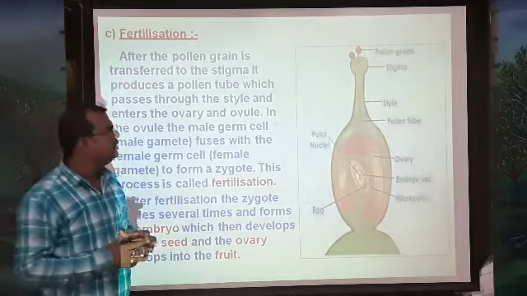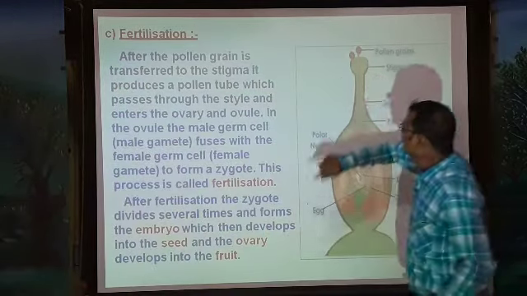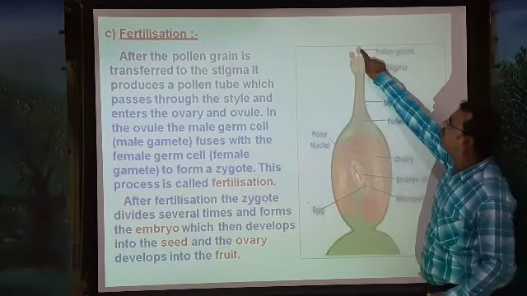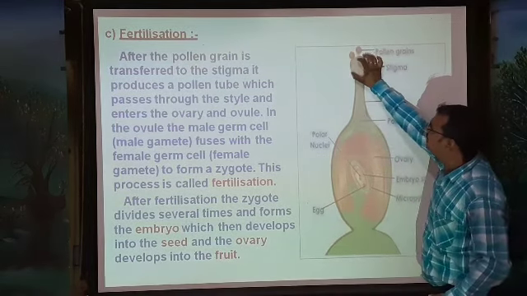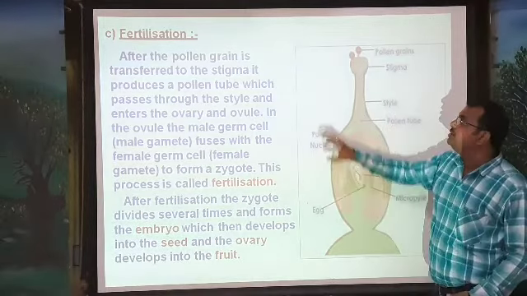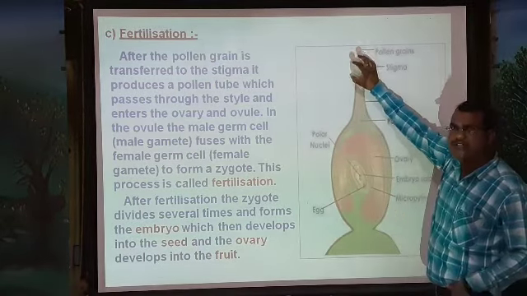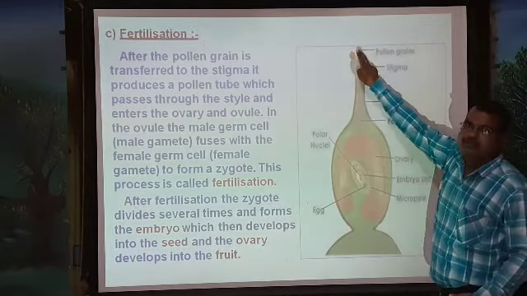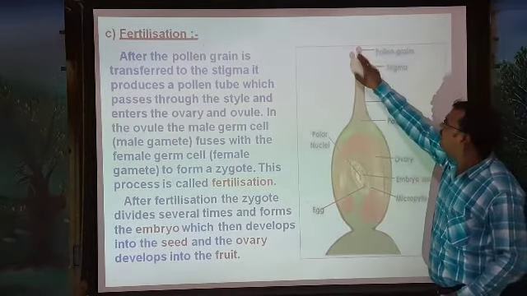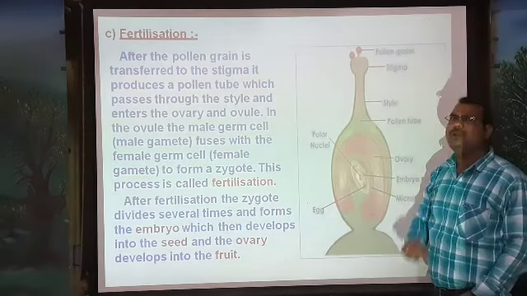Here you see that once after pollination, the pollen grains stick here. Why do they stick here? Because the stigma has a sticky nature. Because of this sticky nature, the stigma holds the pollen grains. Once the pollen grains stick here, they develop a long tube-like structure.